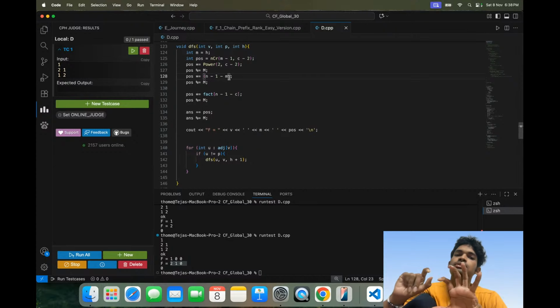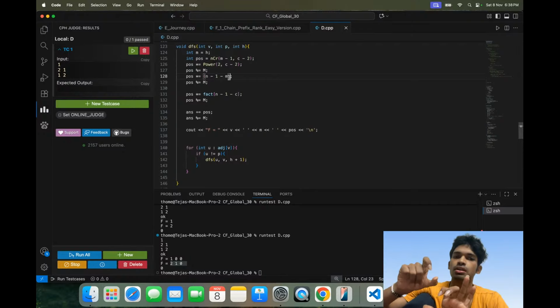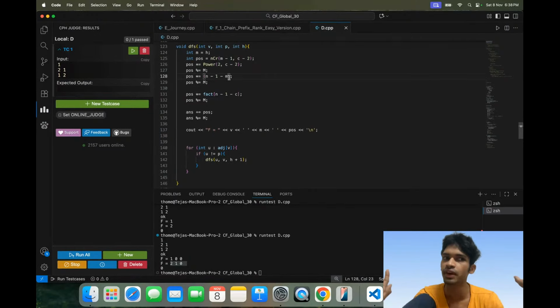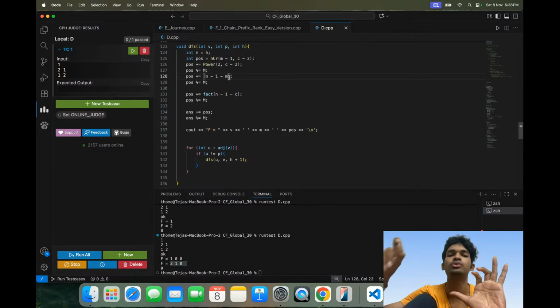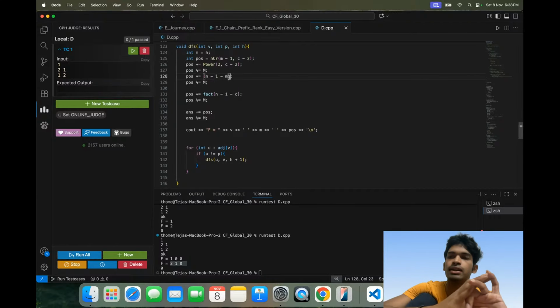In our case, the C plus 1 edge or the C edge, it should be outside. If there are no outside edges, that's also fine. C should be outside. The only condition is C should not be inside.